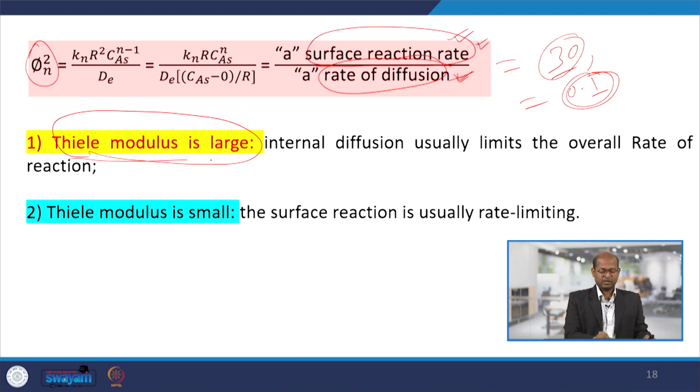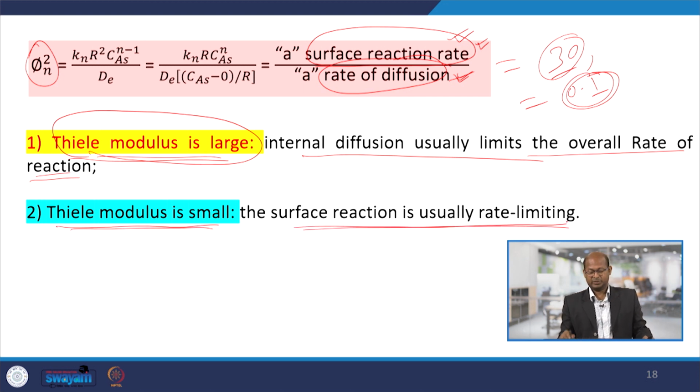So, when the Thiele modulus is large, internal diffusion limits the overall rate of the reaction, and when the Thiele modulus is small, the surface reaction is rate limiting. That is why we discuss the Thiele modulus and what it signifies for diffusion and reaction.